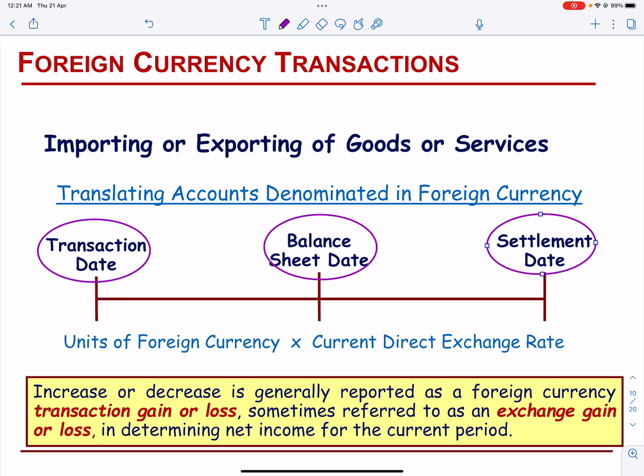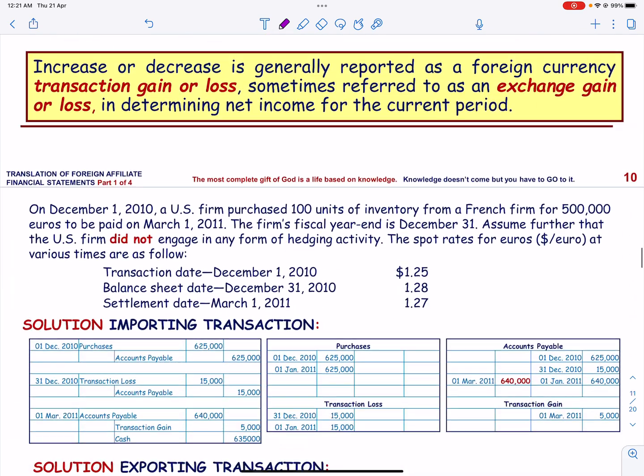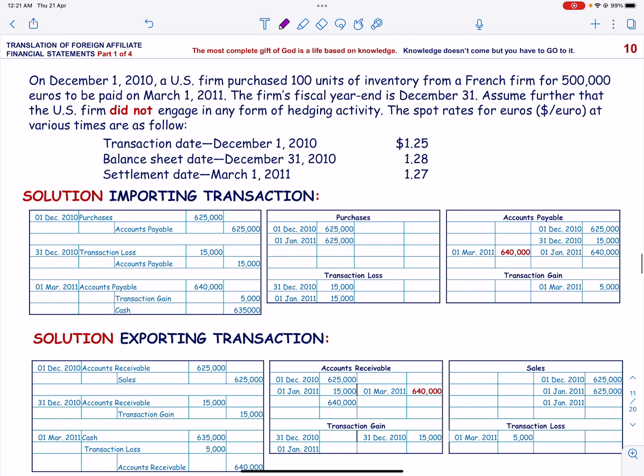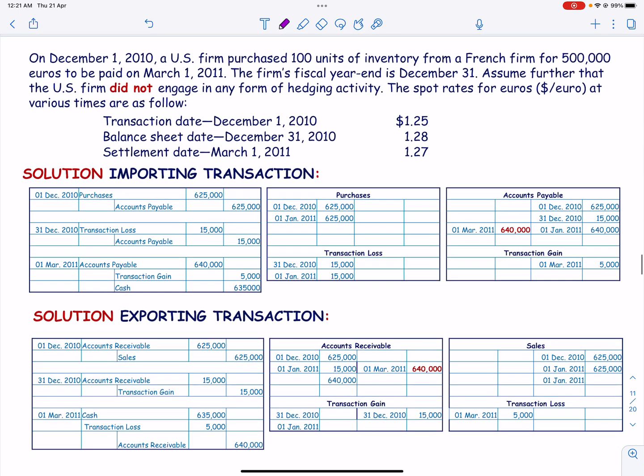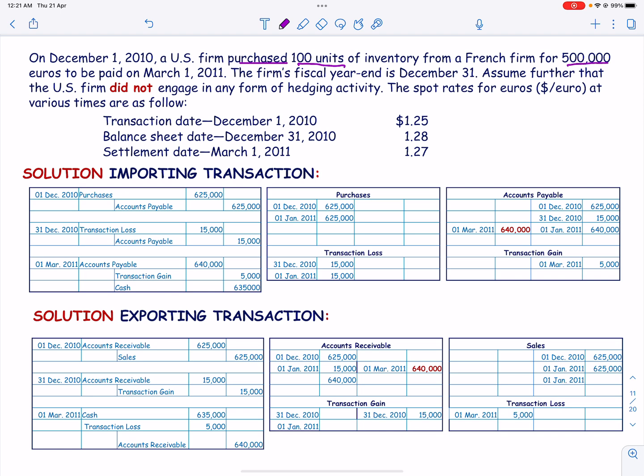Let us talk more about foreign exchange risk with the help of an example. On December 1, 2010, a US firm purchases 100 units from a French firm for 500,000 euros to be paid on March 1.